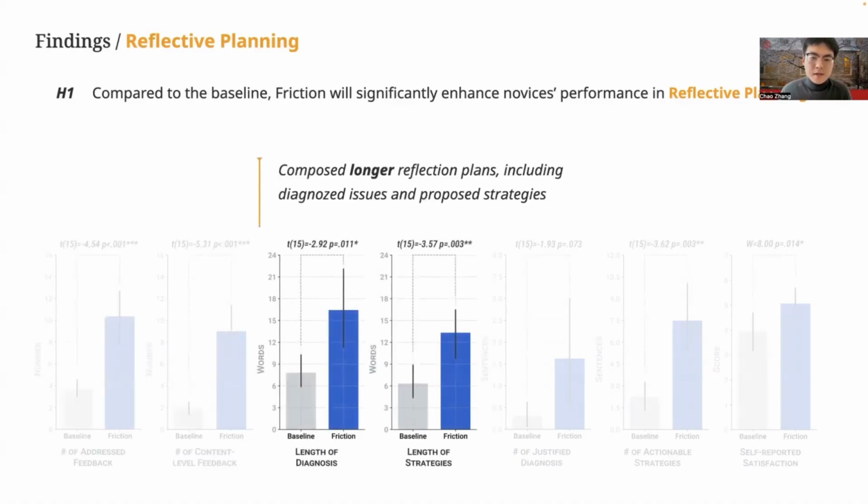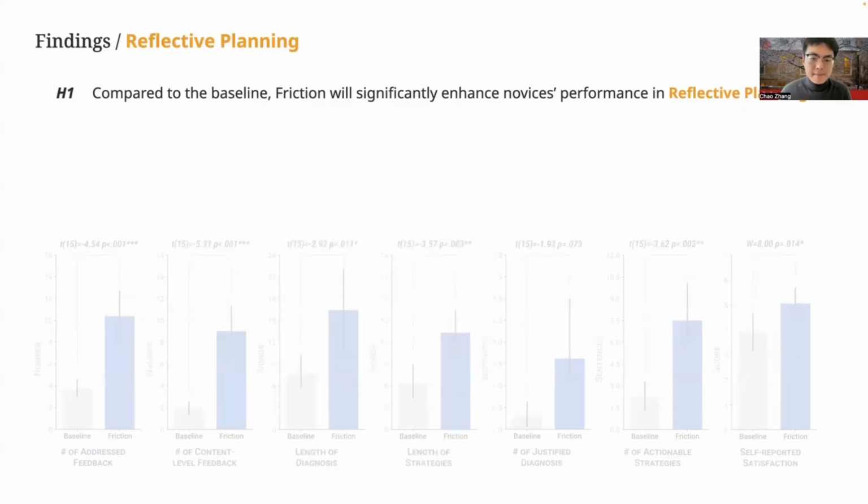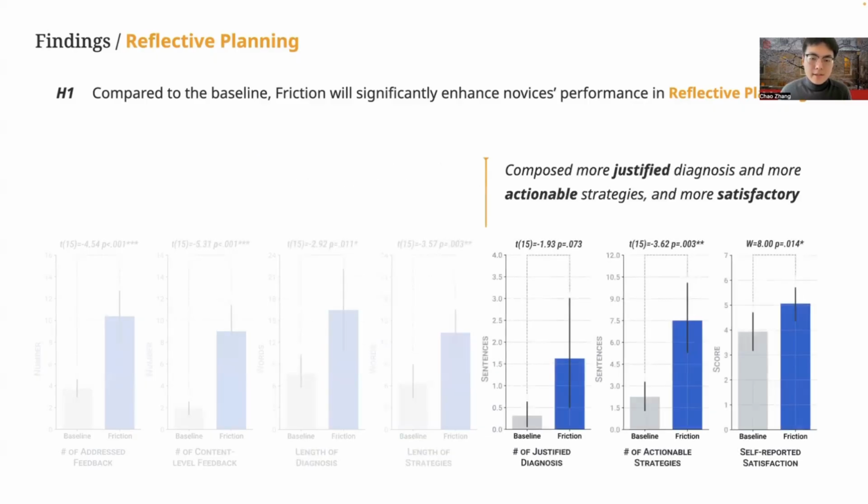Participants with our system also composed longer reflection plans, including diagnosed issues and proposed strategies. Regarding the quality, participants with our system composed more justified diagnoses and more actionable strategies, and felt more satisfied with their performance.